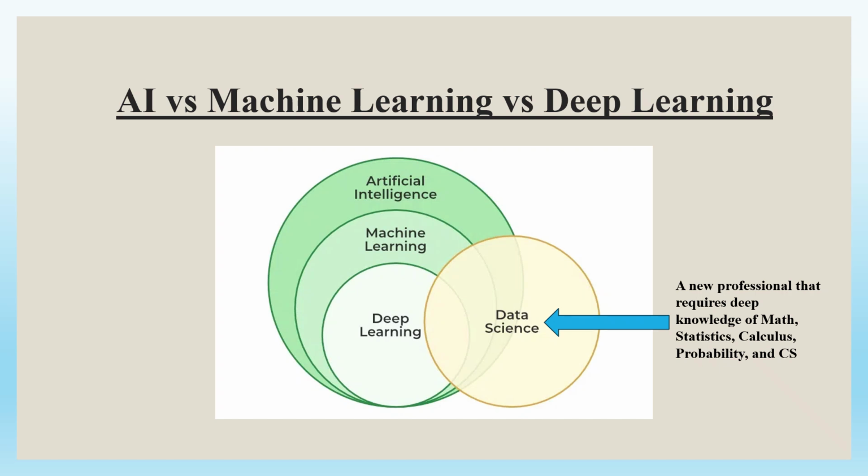That's a person who has a combination of computer science, math, statistics, calculus, and probability. Someone who understands math very well, understands computer science, and has the skill of the Python language, which is now the language for AI, similar to Java and C++.